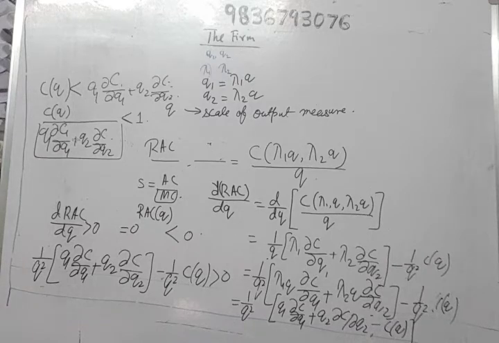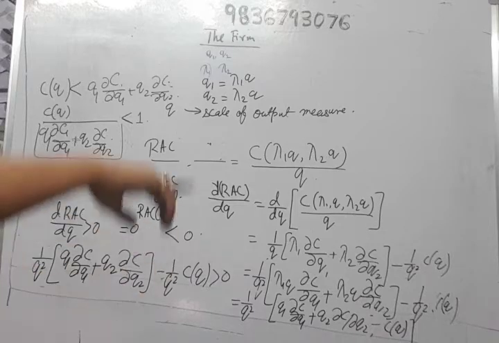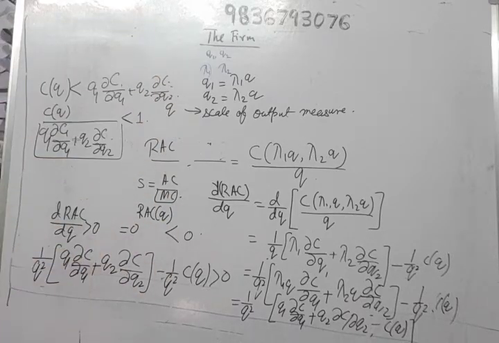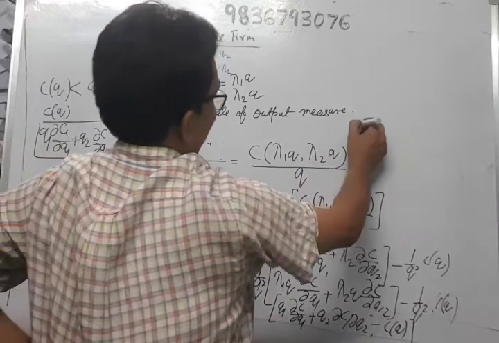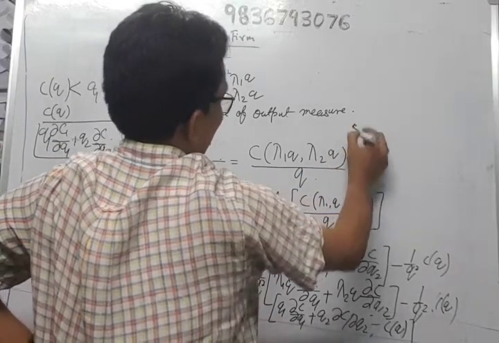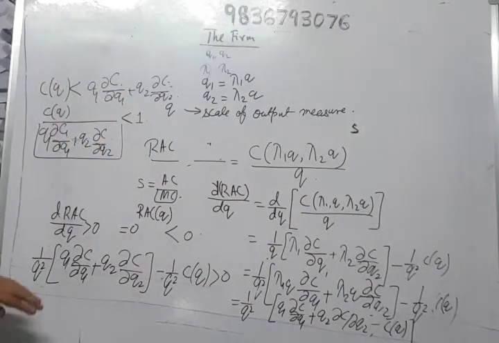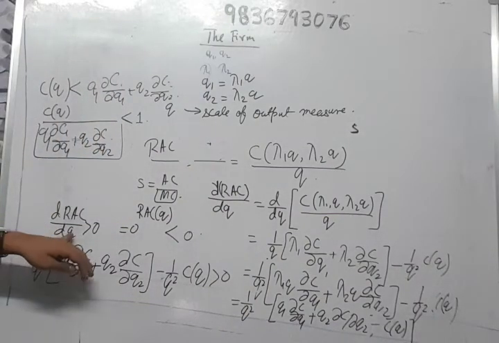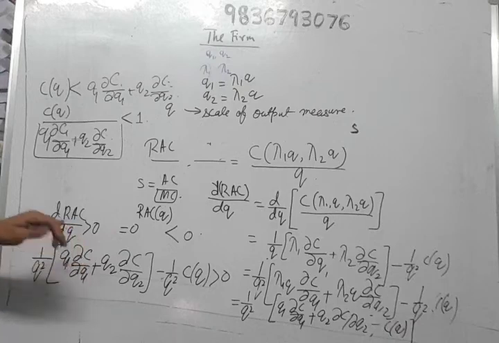Now if C(Q), the total cost ratio, is less than 1, then, considering the economies of scale concept, my average cost is rising as I am increasing my output.